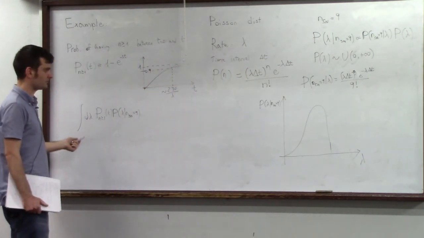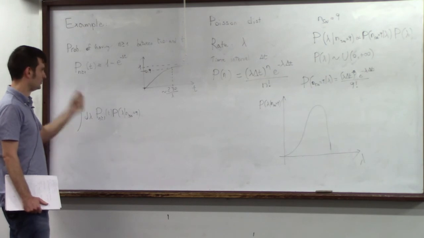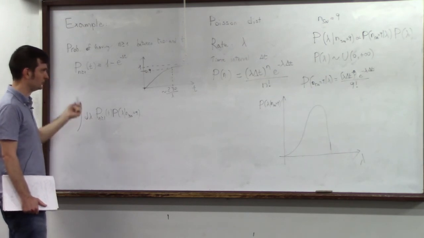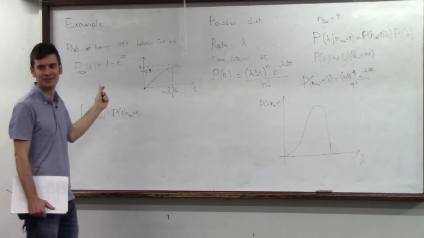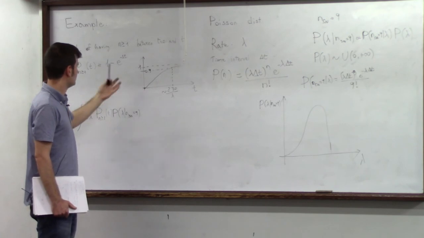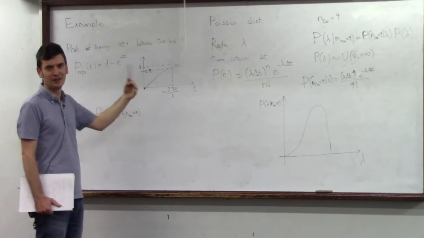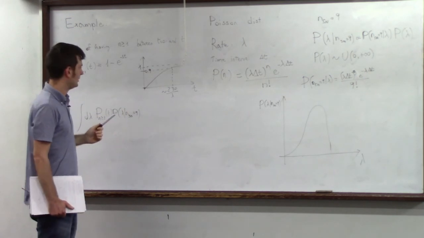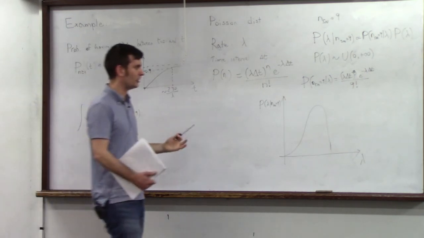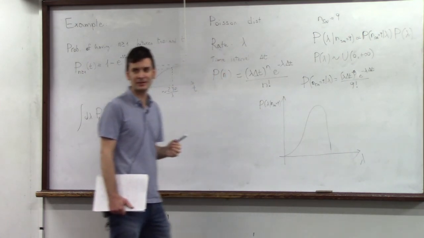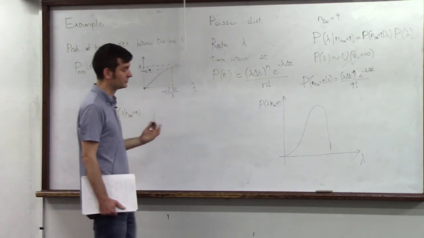So, what we can do to estimate the probability of a next supernova explosion within time t, given our knowledge of the parameter lambda, one way to do it is the following.